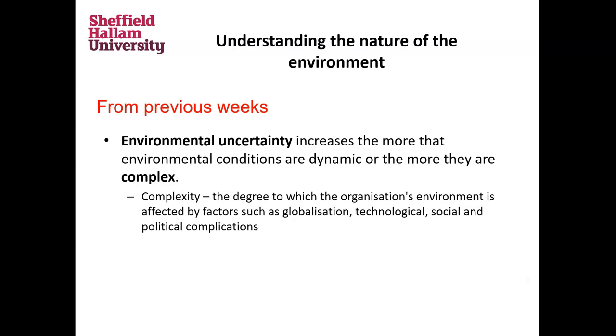And globalisation means that changes in one part of the globe have impacts in other parts of the globe in a way that they didn't previously. And all this means that complexity is becoming more and more prevalent, and is making the external environment for organisations very difficult to predict.